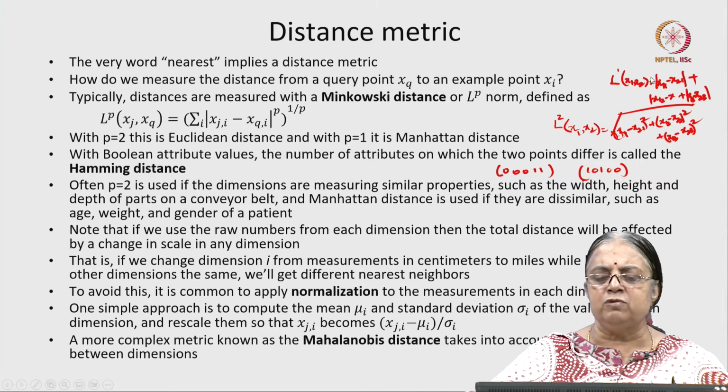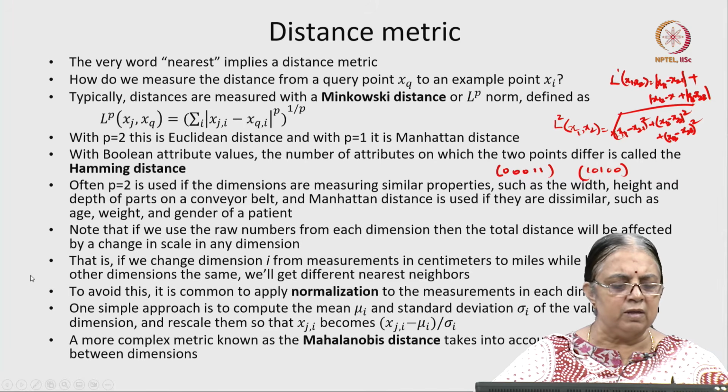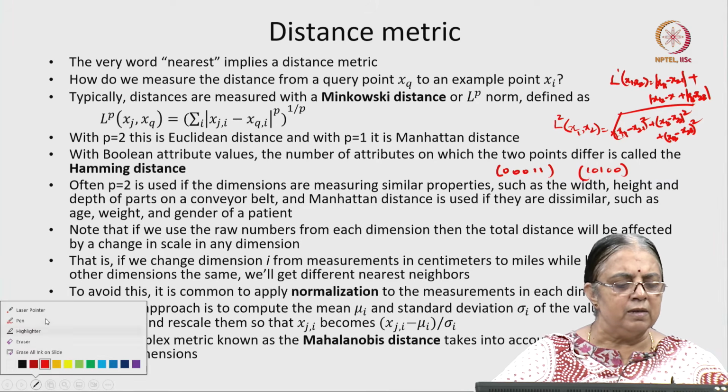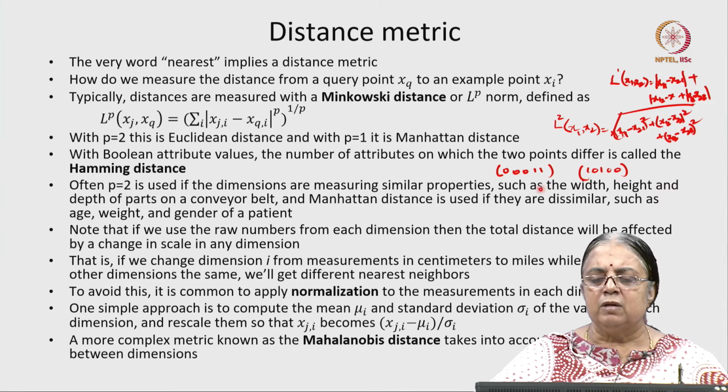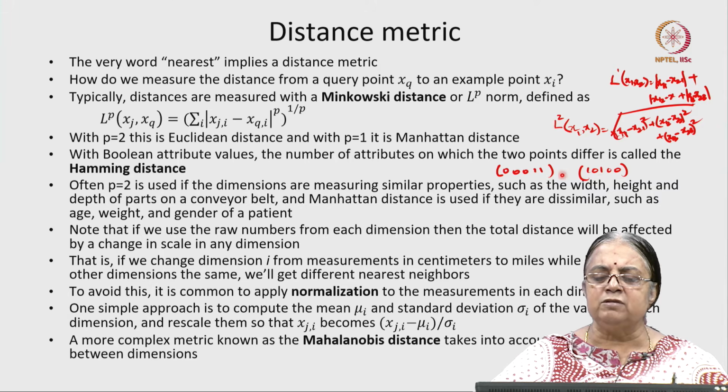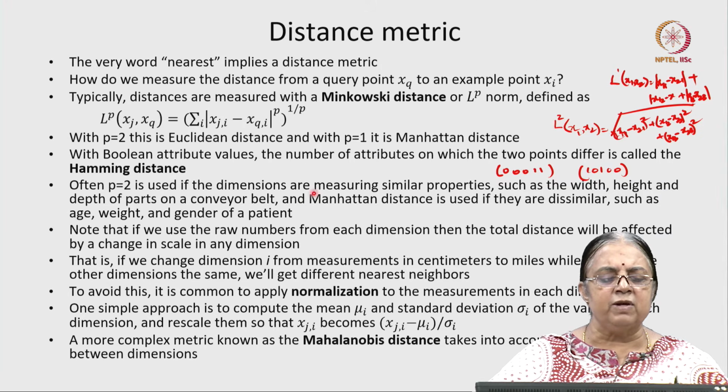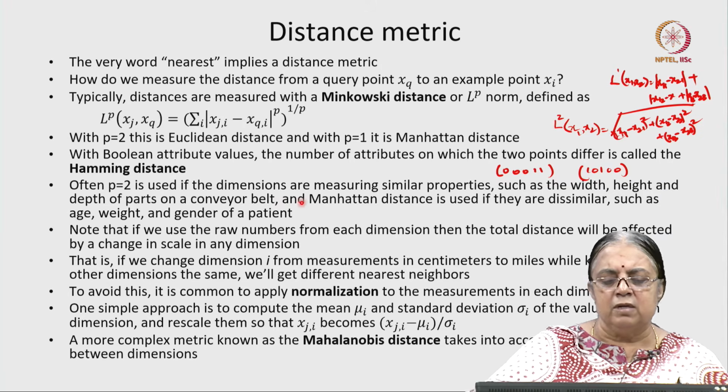Whenever the 2 points differ, for example, here it is 0 and here it is 1, we see in how many of them it is different. So, in 4 out of the 5 it is different. So, the Hamming distance between these two is 4.